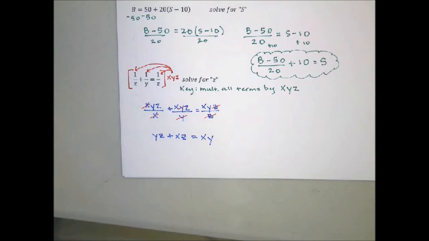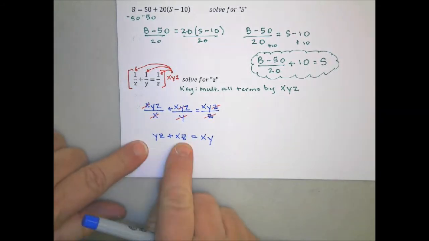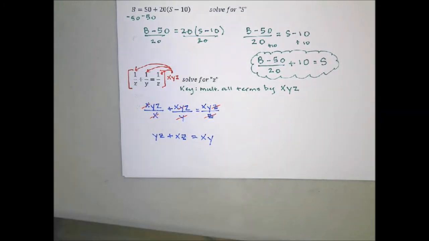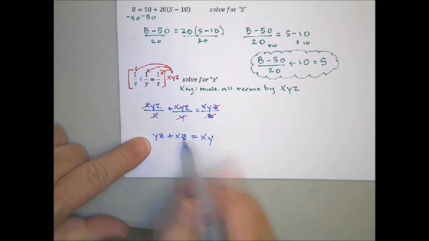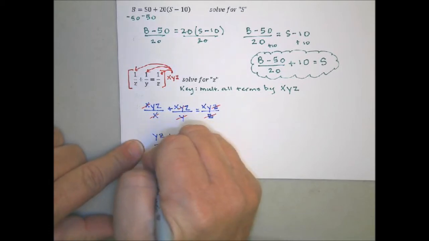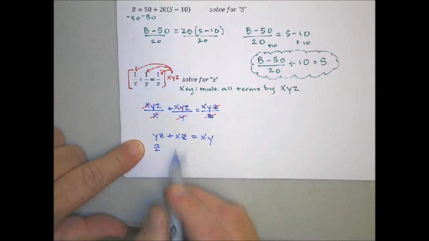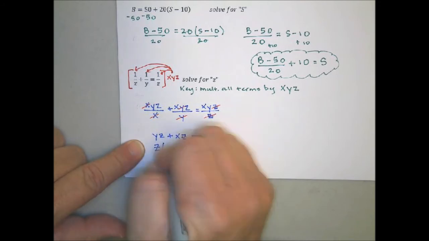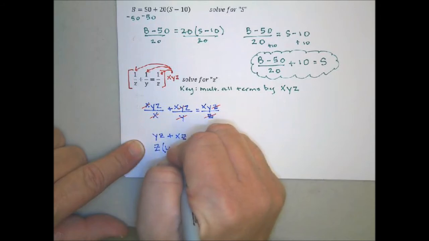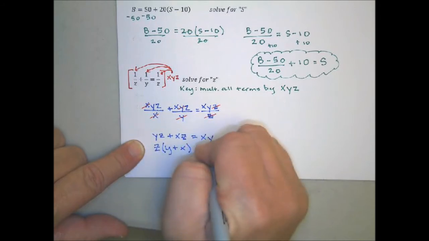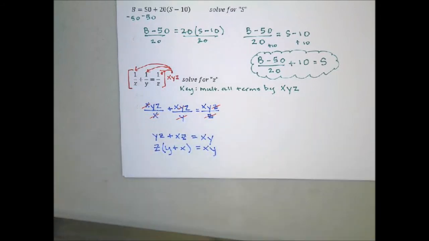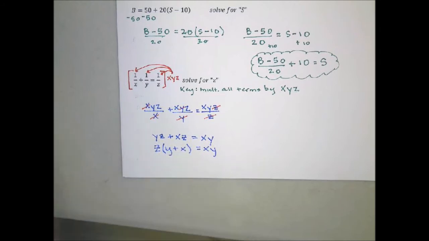Now we're solving for z, and we have two z's right here. So we're going to have to factor it out. There's a greatest common factor of z. So if I factor a z out from the left-hand side, I'd be left with y plus x equals xy. And by factoring out that z, I've now created only one z instead of having two of them.